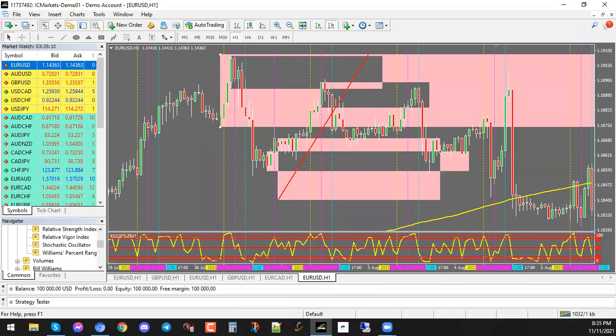Let's see. Ken says, if the bear candle doesn't break structure after the last up candle, should that still be used as a start of the order block? If the bear candle doesn't break structure.